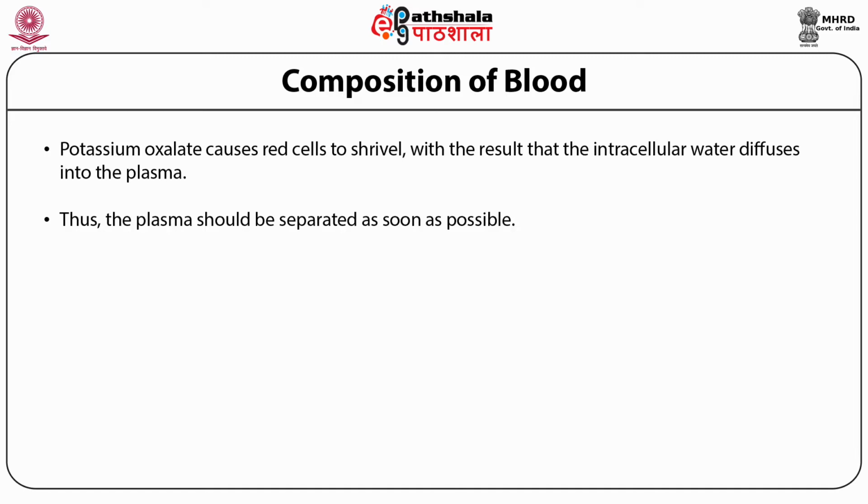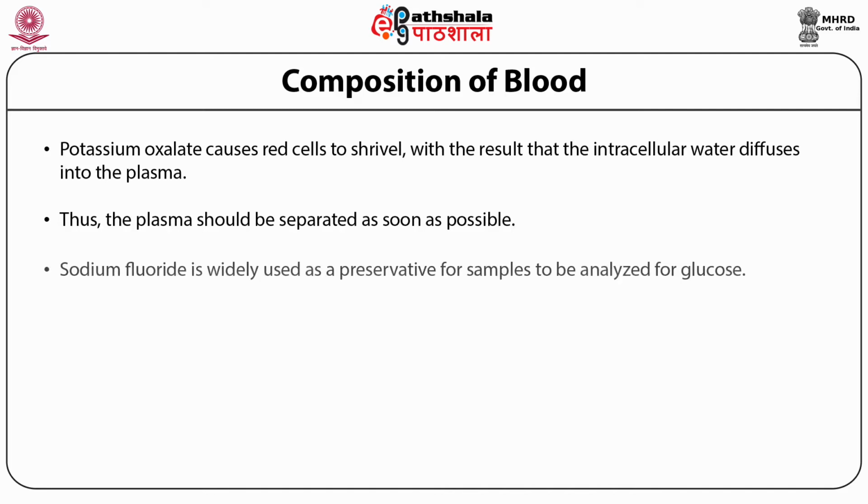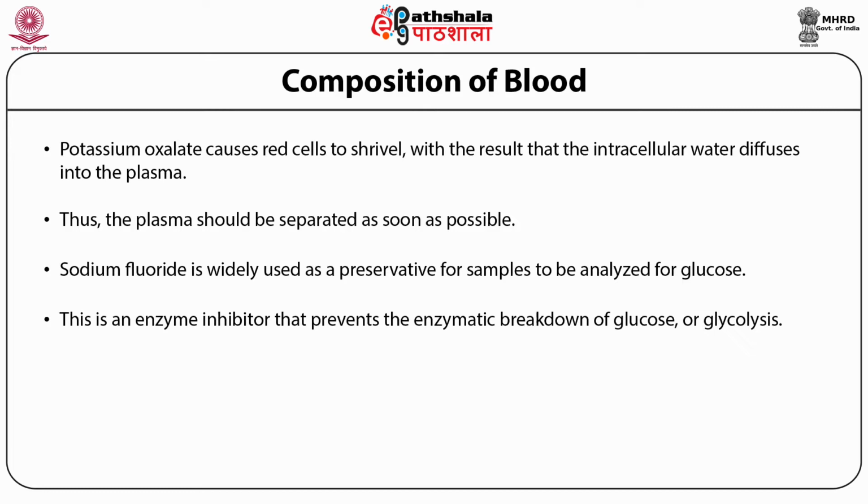Sometimes a preservative is added to the sample, usually along with an anticoagulant. Sodium fluoride is widely used as a preservative for samples to be analyzed for glucose. This is an enzyme inhibitor that prevents the enzymatic background breakdown of glucose, or glycolysis.